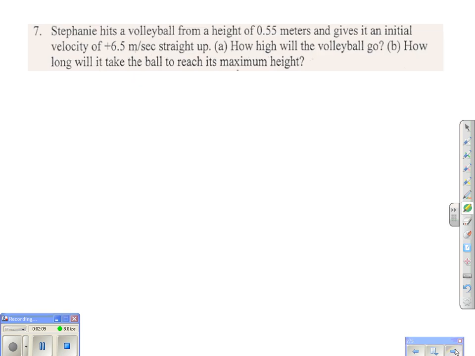The next one, number 7: Stephanie hits a volleyball from a height of, so that's our distance, 0.55 meters, and gives it an initial velocity, v0, of 6.5 meters per second straight up. So I'm going to go ahead and write that to tell me it's up. I want to know how high the volleyball will go.